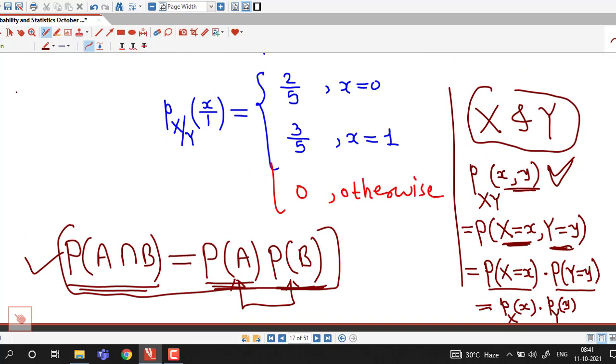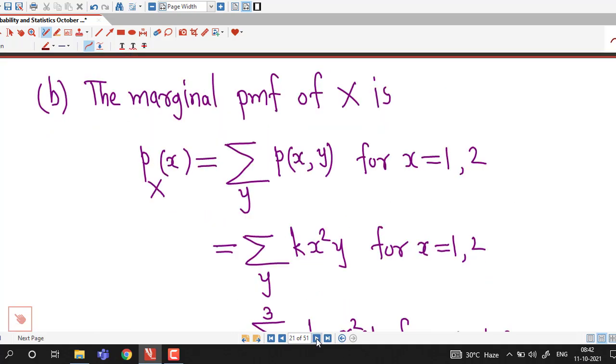Suppose we are interested in the conditional probability mass function of x given y.